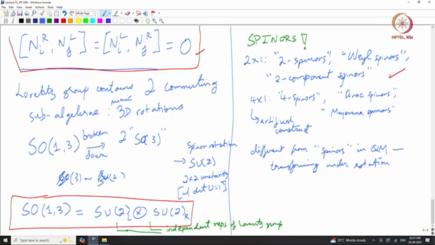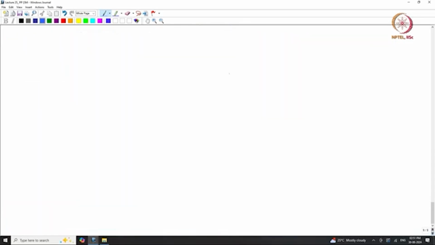Okay. So now in this light we can understand all the other representations that we know of in the Lorentz group. For instance, let me go to a new page. Okay. In this light, let me once again rewrite this. This is SU2 cross SU2, left right, correct.